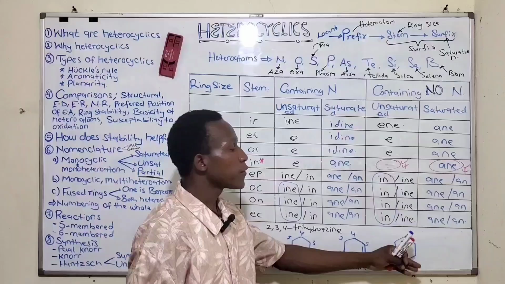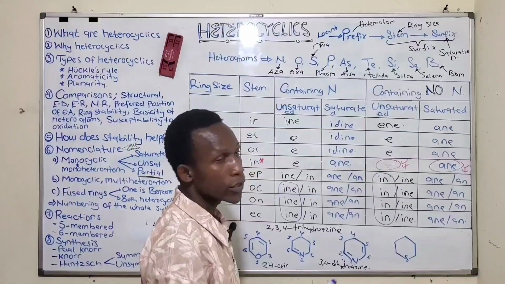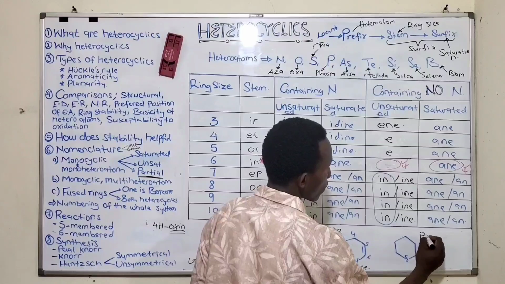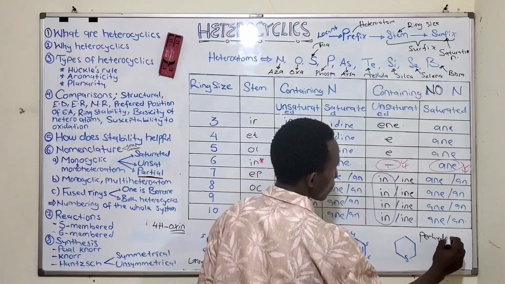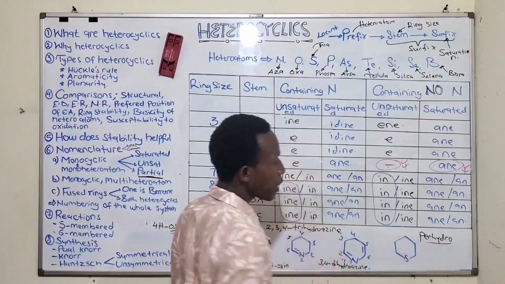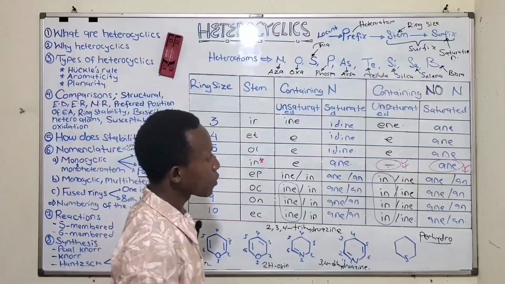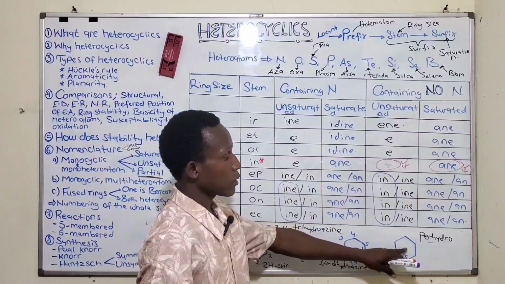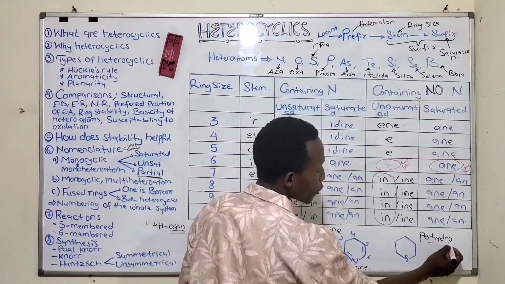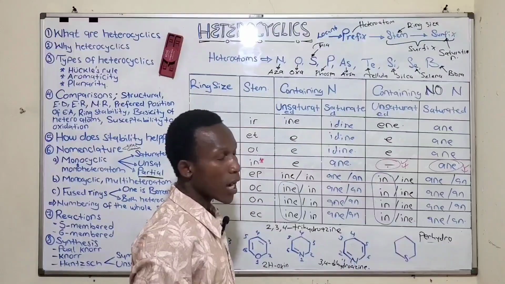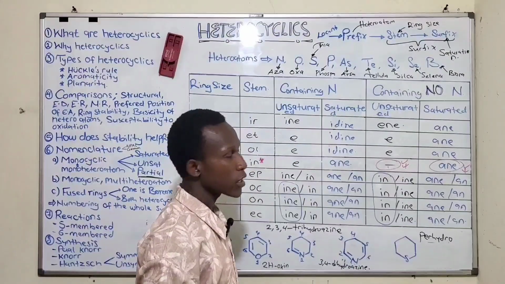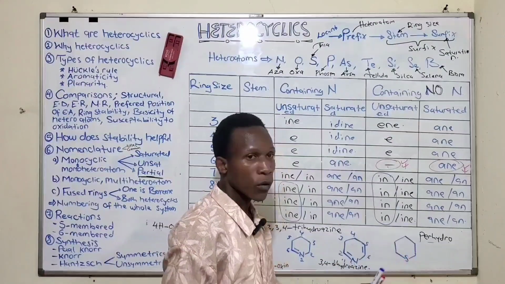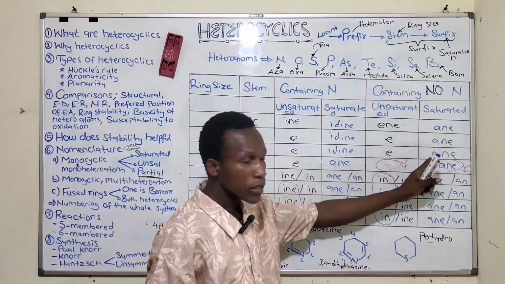Now, if it is fully saturated, of course, you can give the real name for the saturated compound, or you can say perhydro. Perhydro means that all the atoms are saturated. But if you use perhydro, you give the name for the unsaturated ring, not for the saturated ring. Or you can just give it the name for its saturated ring.